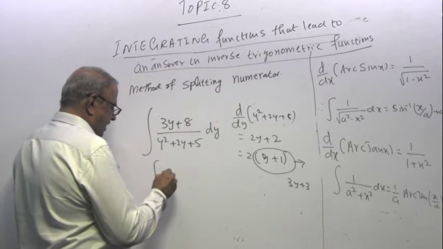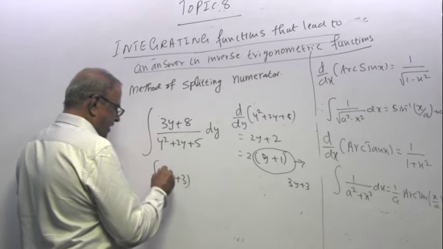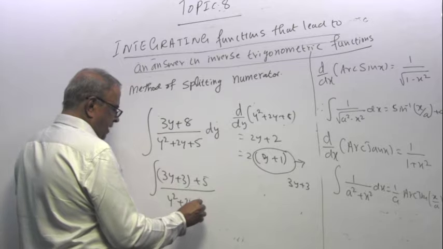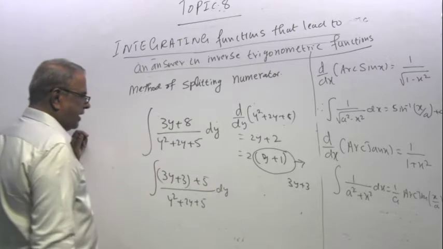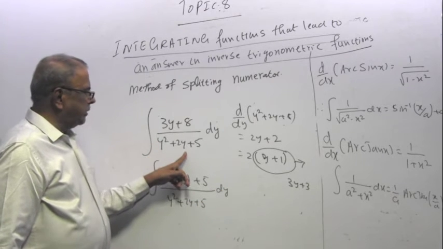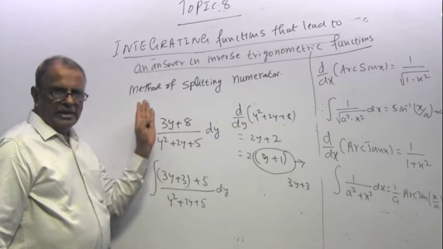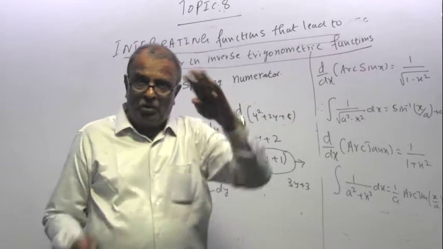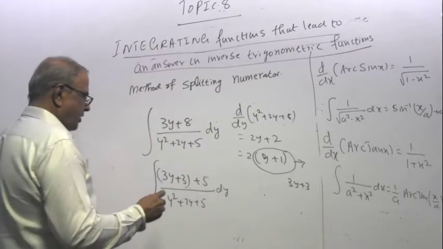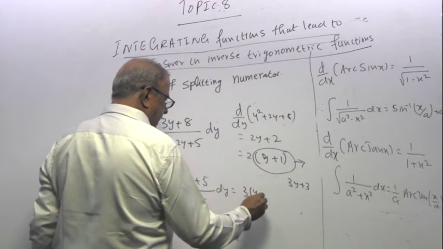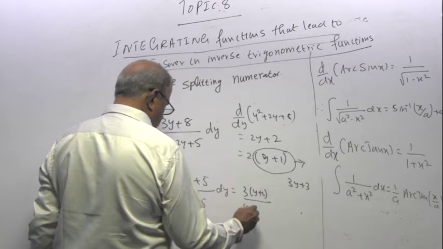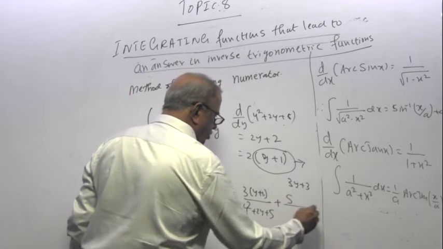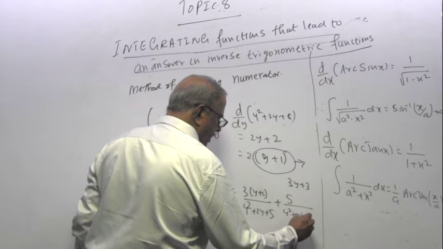So I'll write this as 3y plus 3 plus 5 over y squared plus 2y plus 5 dy. Why did I do it? When I differentiated the denominator, I had the numerator which contained the y plus 1, but it had something else. So first I want to recognize where is that y plus 1. So this becomes 3 times y plus 1 over y squared plus 2y plus 5, plus 5 over y squared plus 2y plus 5.